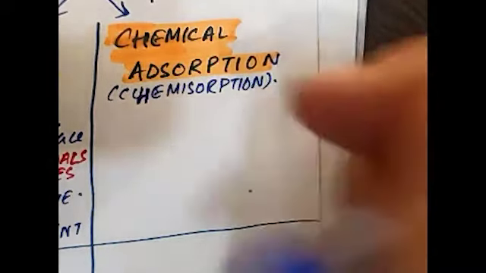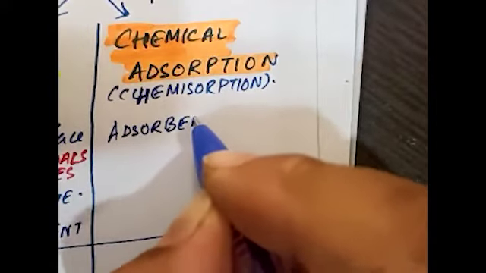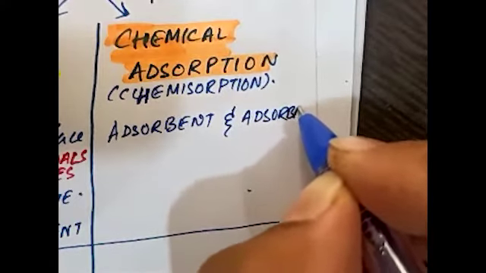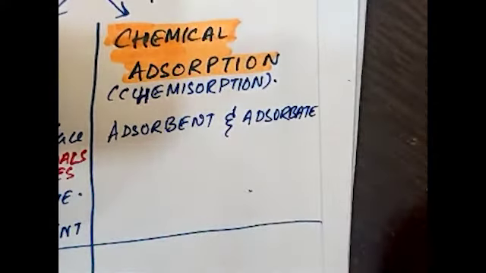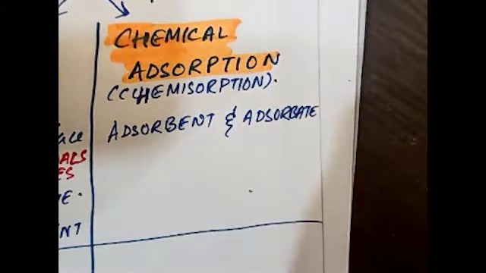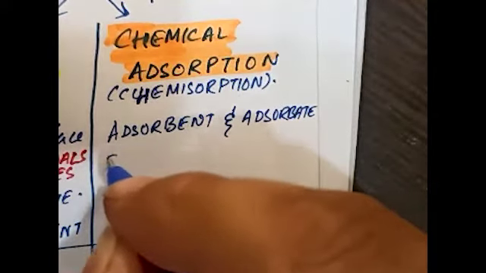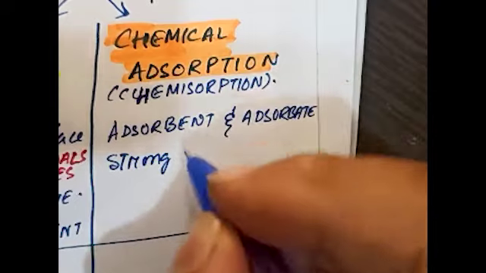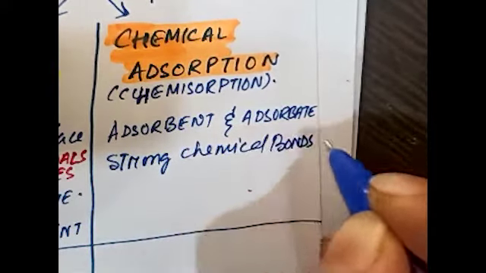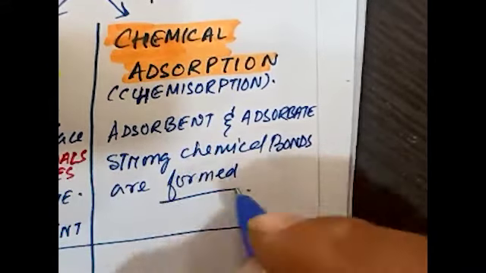तो इसमें क्या होता है, एड्सॉर्बेंट और एड्सॉर्बेट के बीच में स्ट्रॉन्ग केमिकल फोर्सेस एक्ट करते हैं और केमिकल बॉन्ड्स आर फॉर्म्ड बिटवीन देम, ओके। Strong chemical bonds are actually formed.